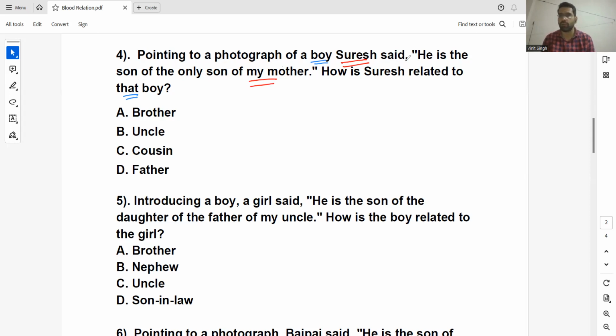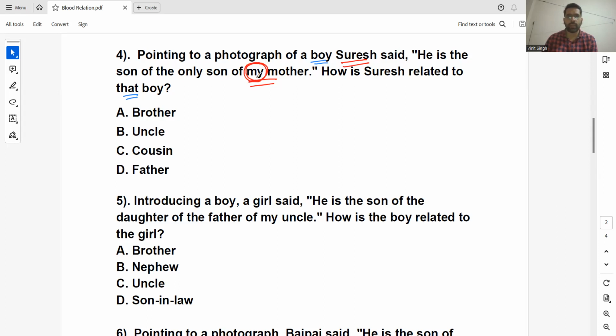How will we solve that type of question? When they are pointing to someone in the photograph, standing on a stage, while solving that type of question, we will focus on that portion, which is "my". First of all, we will start the question from my brother, my sister, his brother, his son, like that.